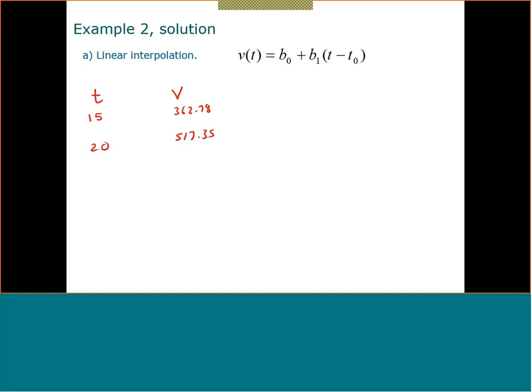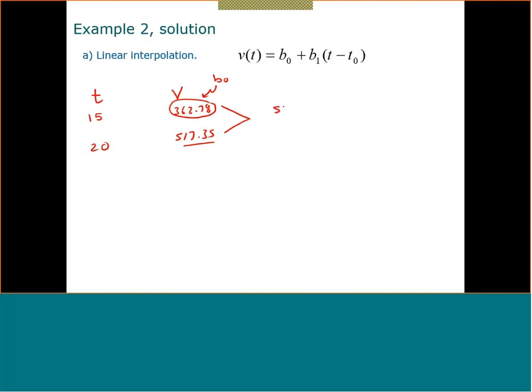These are given in the data points. I already know them. So here it's first order, and the only thing I have to do is to find this value. As I mentioned before, this is your B0. What is left is B1. What is B1? B1 is nothing but this minus this, divided by this minus this.